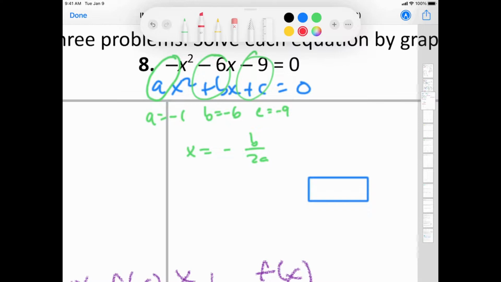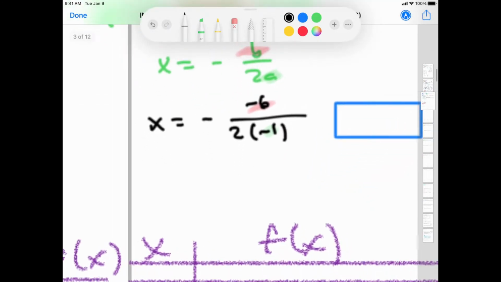So our B value is -6. A value of -1. So make sure you make that negative sign on the outside. Don't forget the 2. This will give us -6 divided by -2, which is +3, and the opposite of +3 is -3.